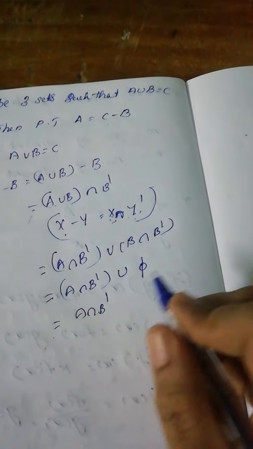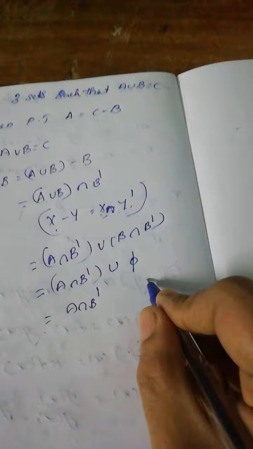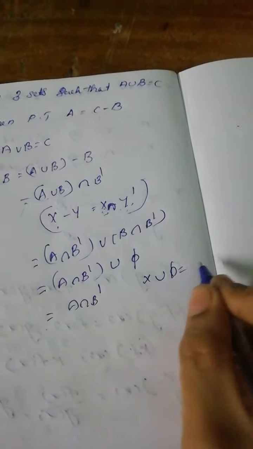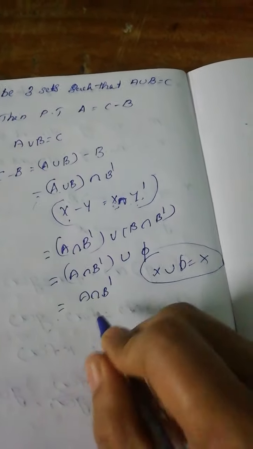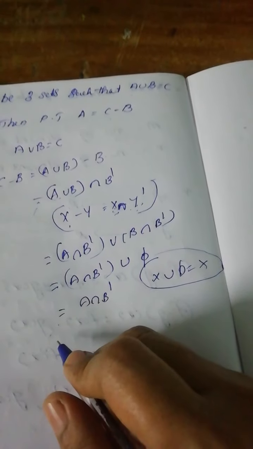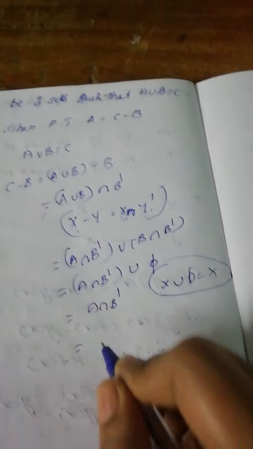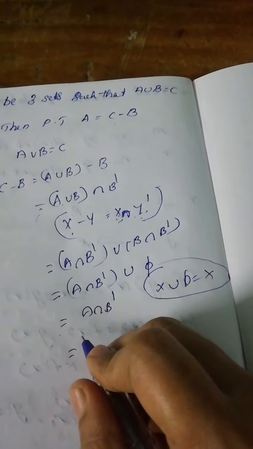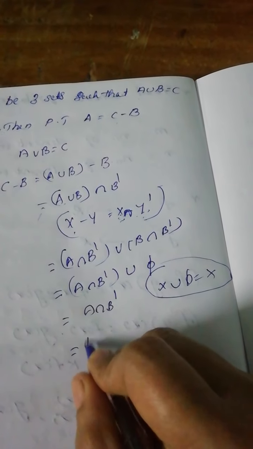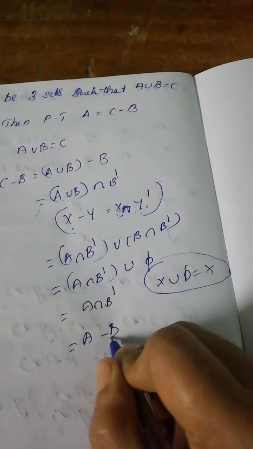This result becomes X union null set equal to X. Using this condition, we can write here A intersection B complement. This A intersection B complement can be written as A minus B.